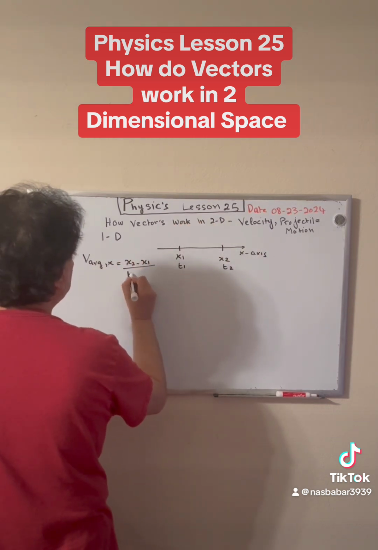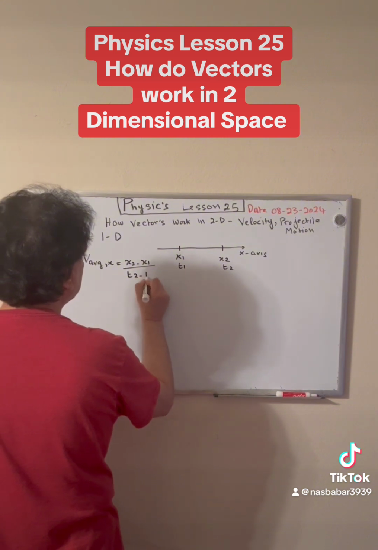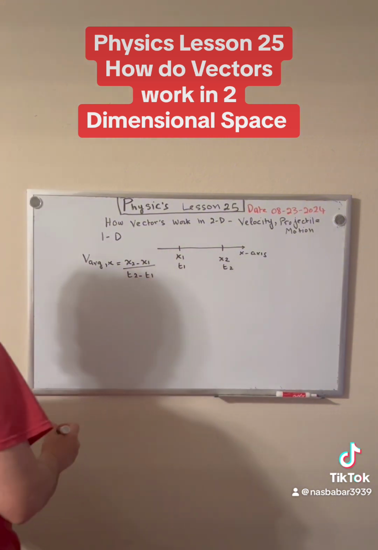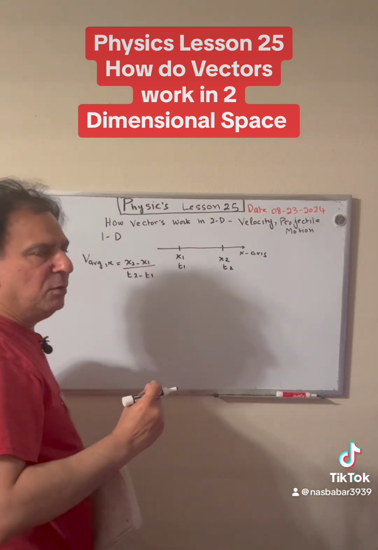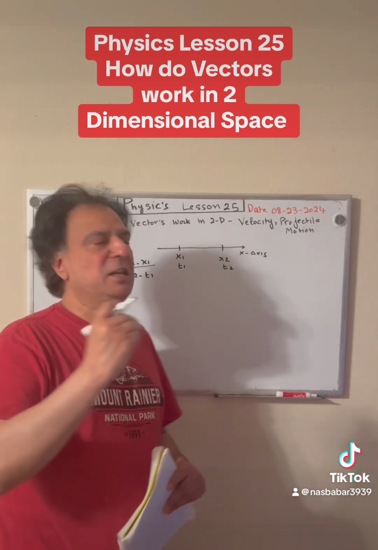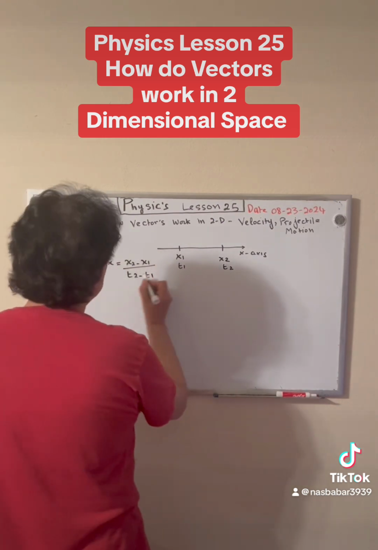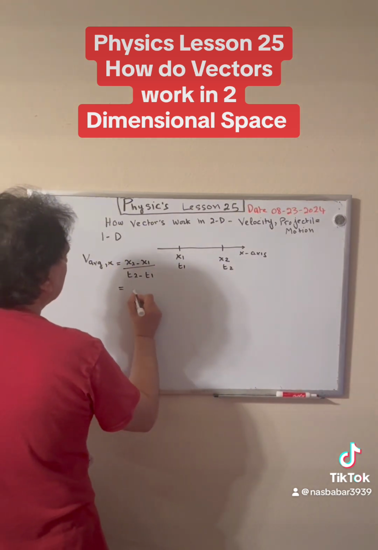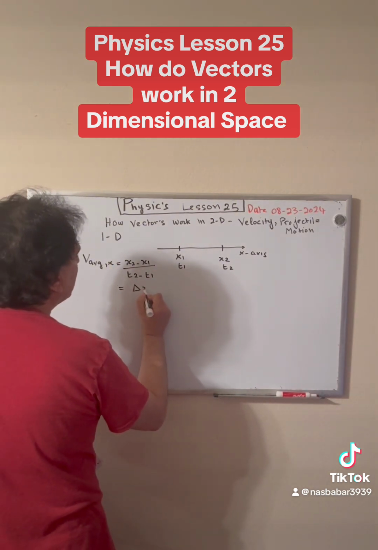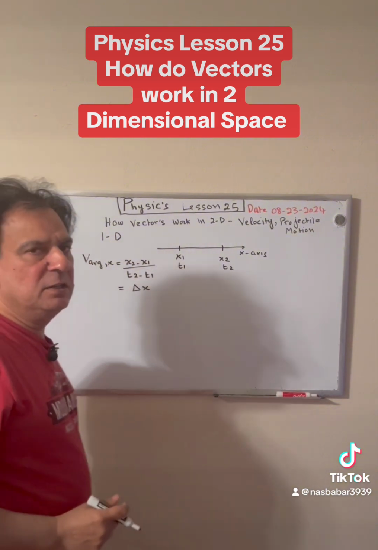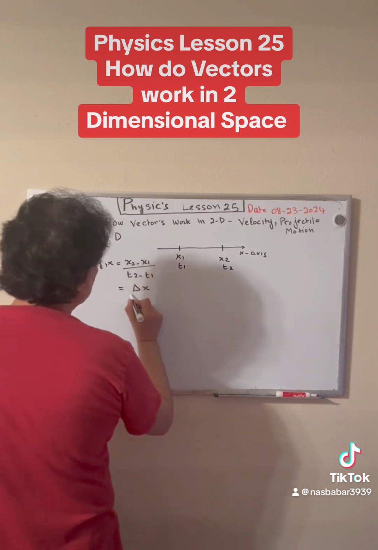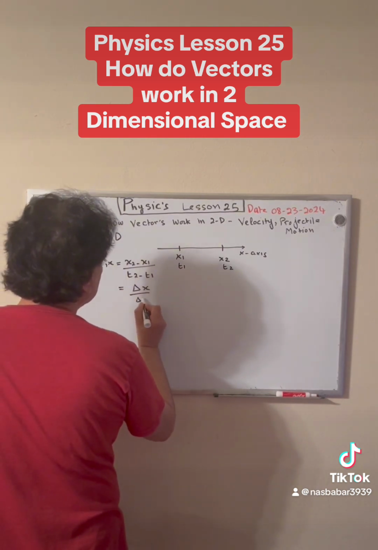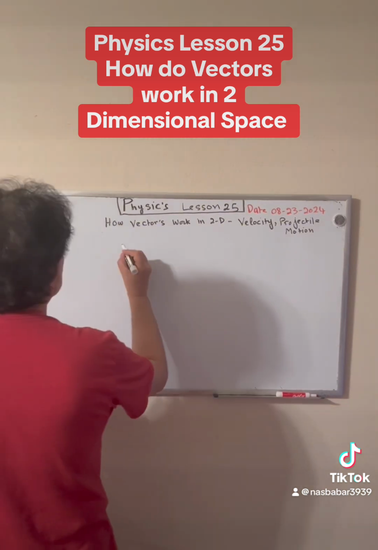So that would be t2 minus t1. And then I said, instead of saying x2 minus x1, why not just say change in x? Change in x is delta x. I've already explained that delta is a Greek word which means change. Delta x over delta t.